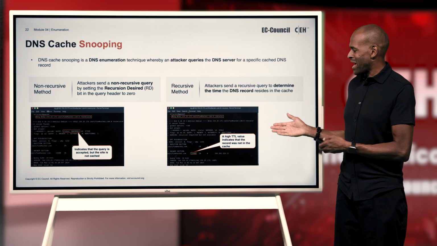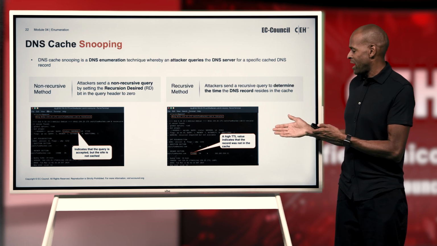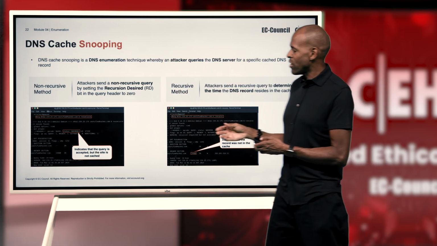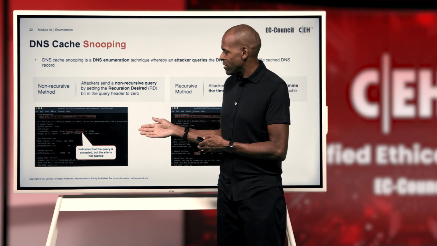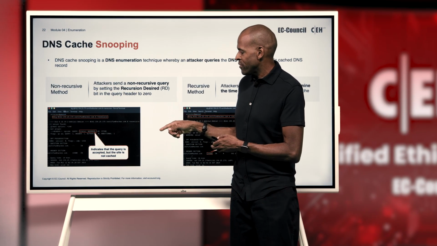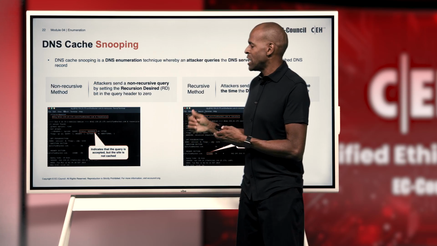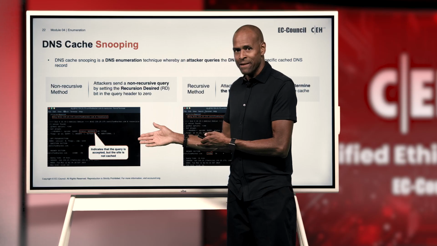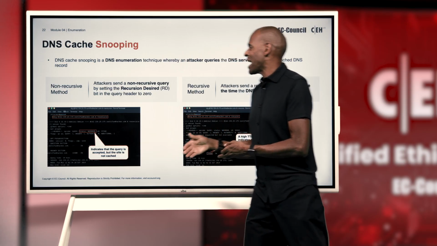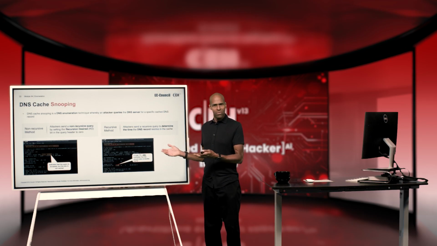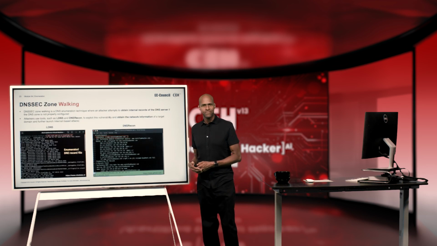So what you can do is find out if there's a high TTL value, and it might tell you that the record is not in the cache. Over here, we see an indicator that the query is accepted, but the site is not cached. So in order for it to cache the site, guess what it has to do? It has to recurse, do a recursive query. So we have a way of controlling this. And both of these are part of DNS cache snooping.